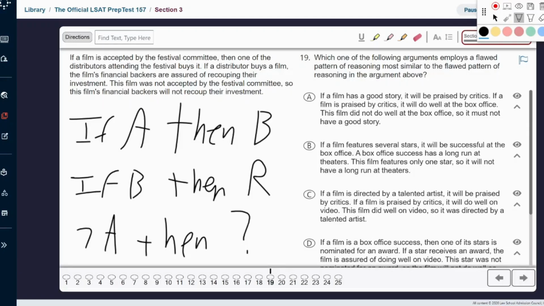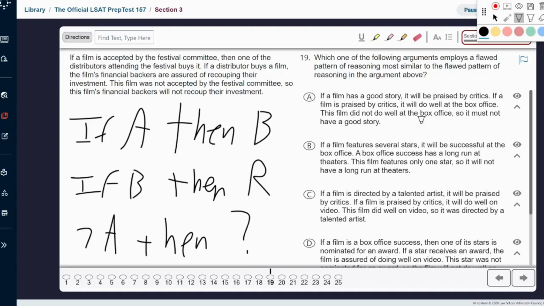If a film is praised by critics, that's good because we continue the first conclusion being the first premise, just like in the stimulus. If a film is praised by critics, it will do well at the box office. Okay, I'm not going to read the rest of it. I'm looking for something that then says, this film does not have a good story. Do we get that?